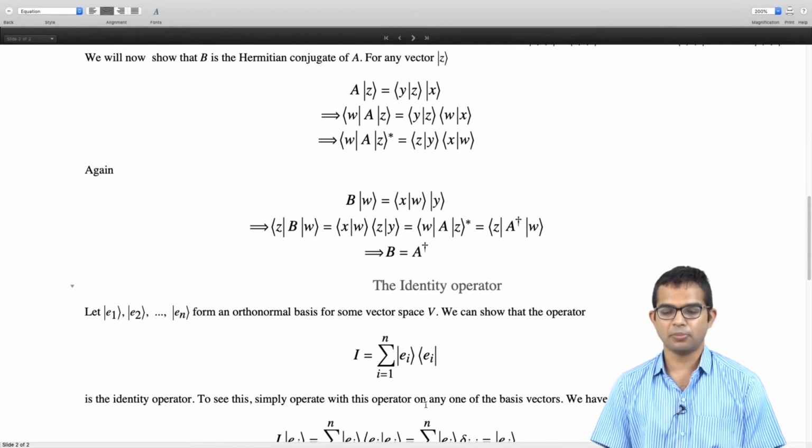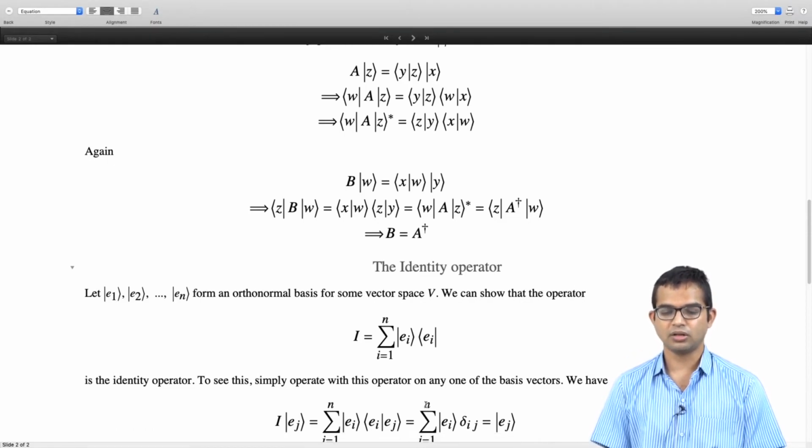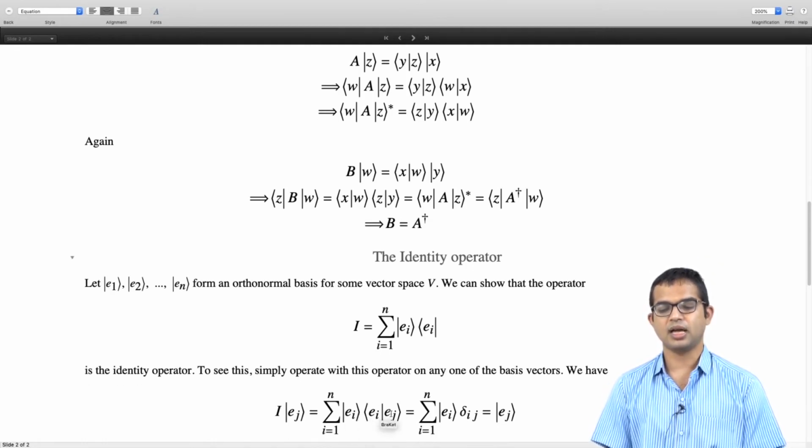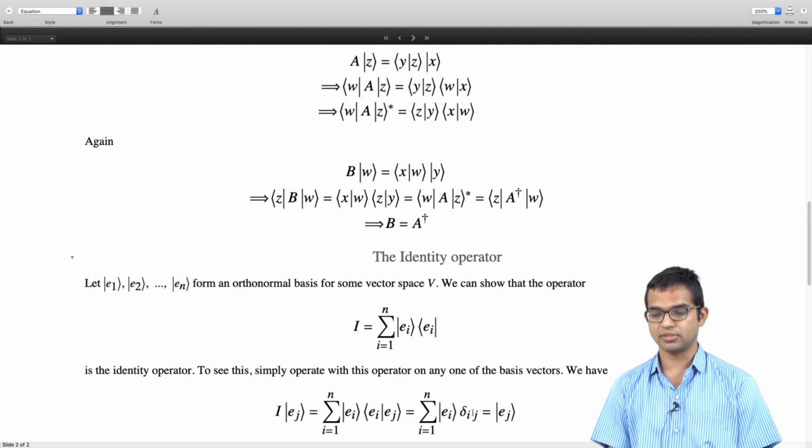To see this, you simply use the definition and operate on any one of the basis vectors. We have the sum over i of e_i acting on e_j, but the inner product of e_i and e_j is 0 unless i equals j, when it will be 1. That's the same thing as putting a delta_ij here, which will give you e_j.